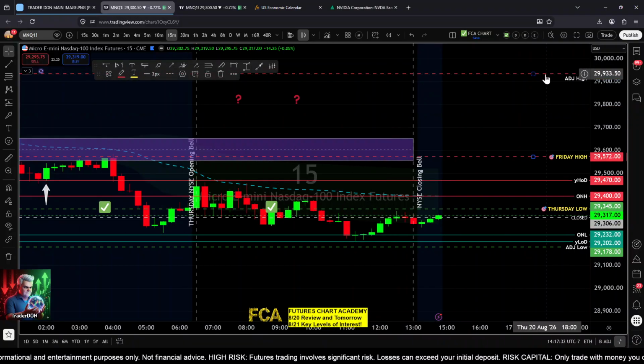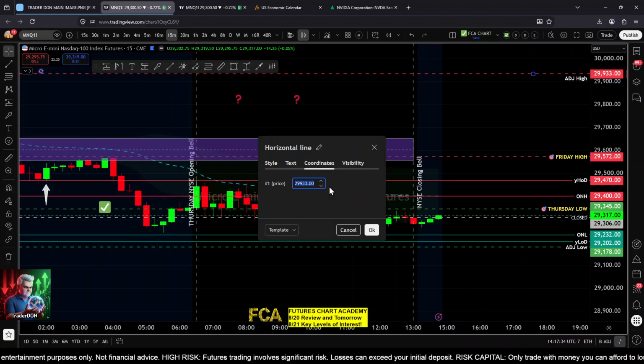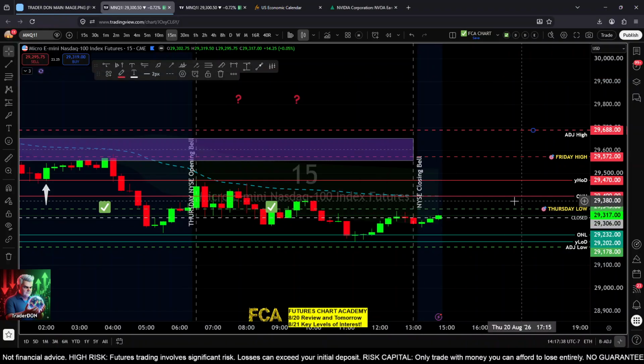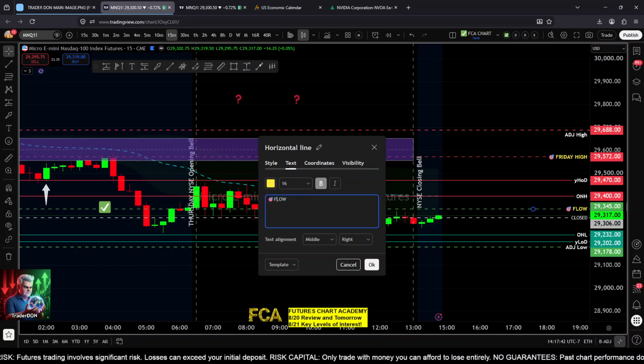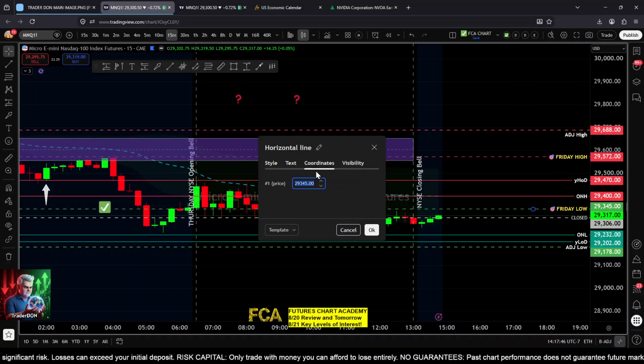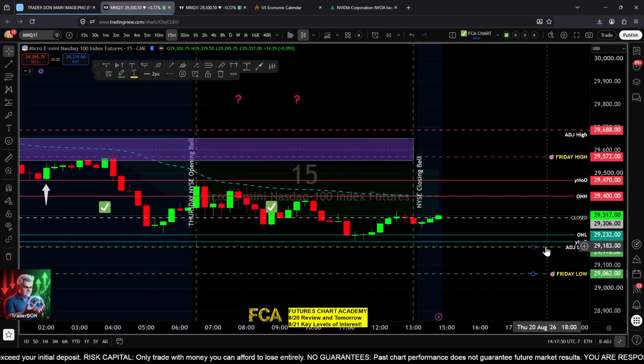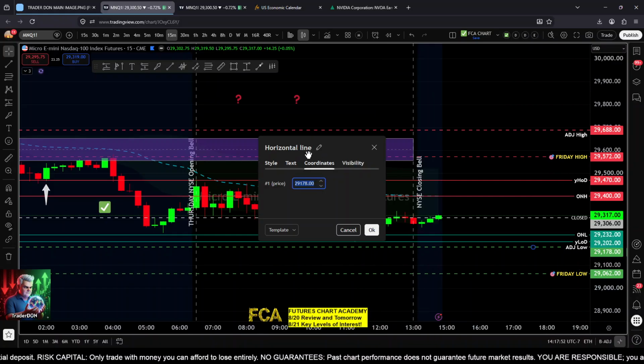And then the adjusted high, if we decide to go up a little bit higher, is 29,688. And then the Friday low, got to change this to the word Friday. So Friday low, we're looking at a low of 29,062. And then the adjusted low, if we decide to go a little bit lower, 28,946.